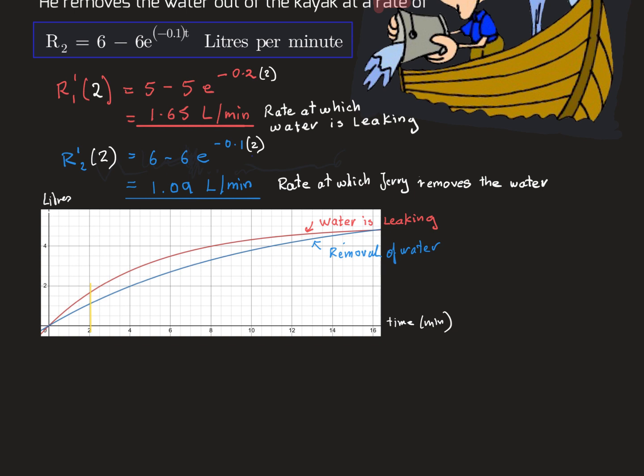So if I wanted to find out how much water has leaked into the boat between 0 and 3, I would need to look at this area up to 3 and find out what that area is. So I'll be using the red function R1.